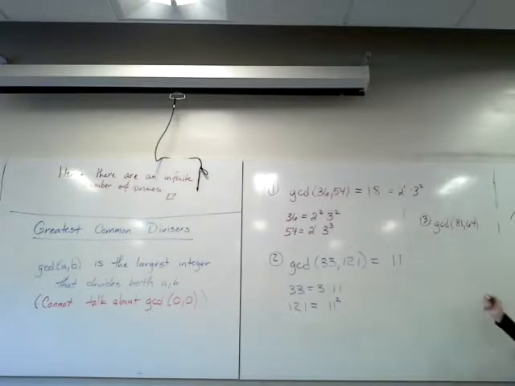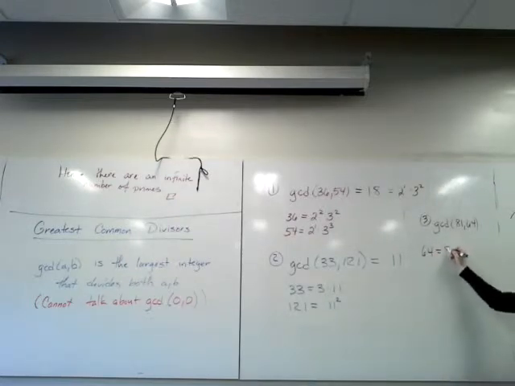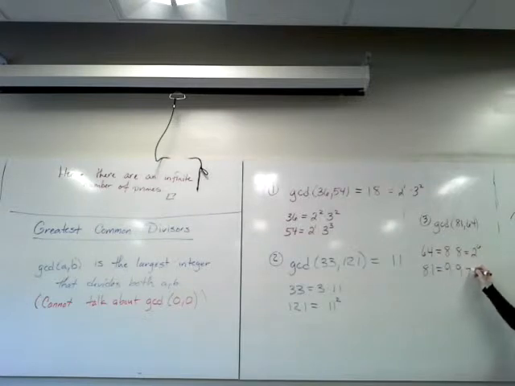How do you factor 64? 8 times 8. Alright, 2 cubed times 2 cubed. What about 81? 9 squared.